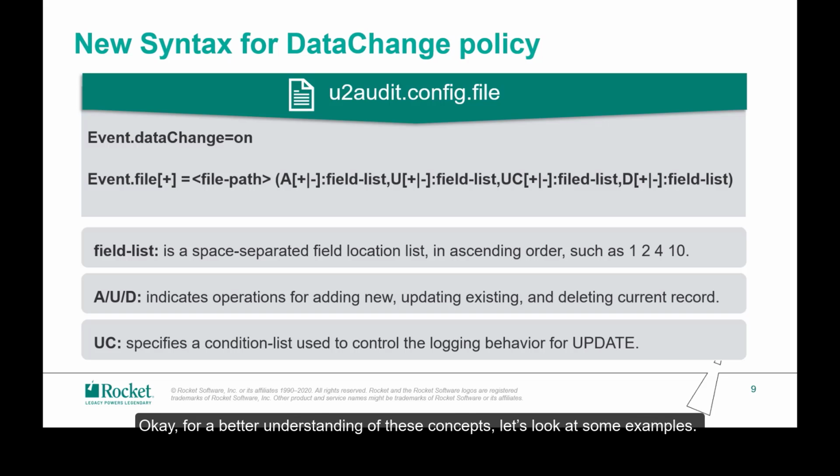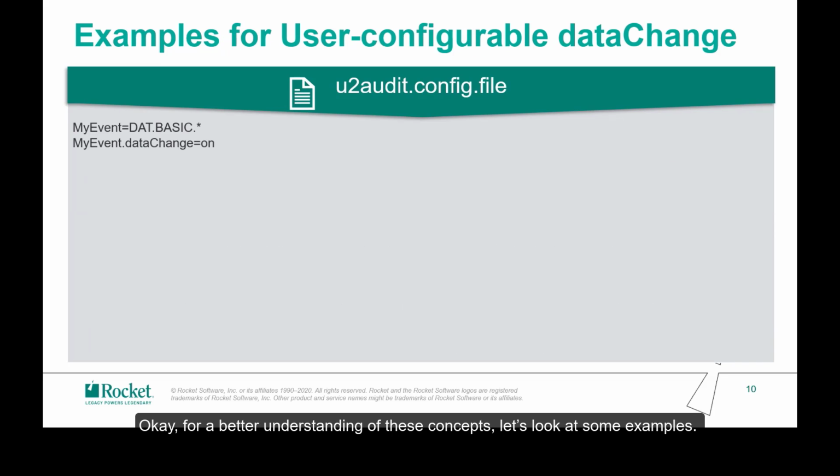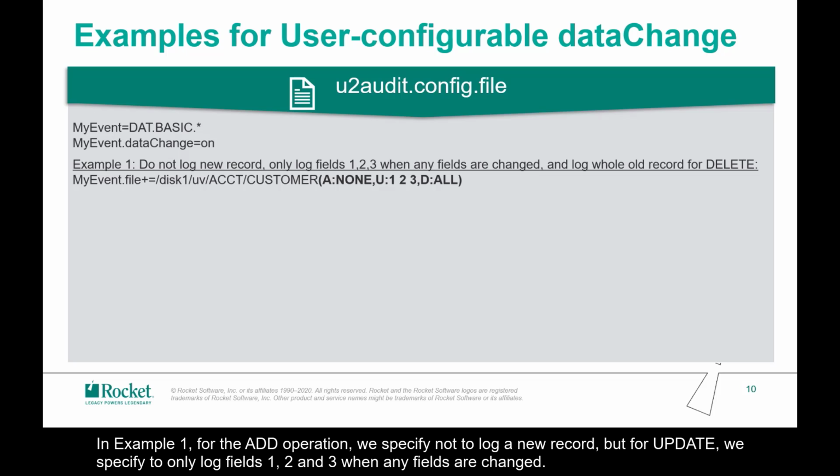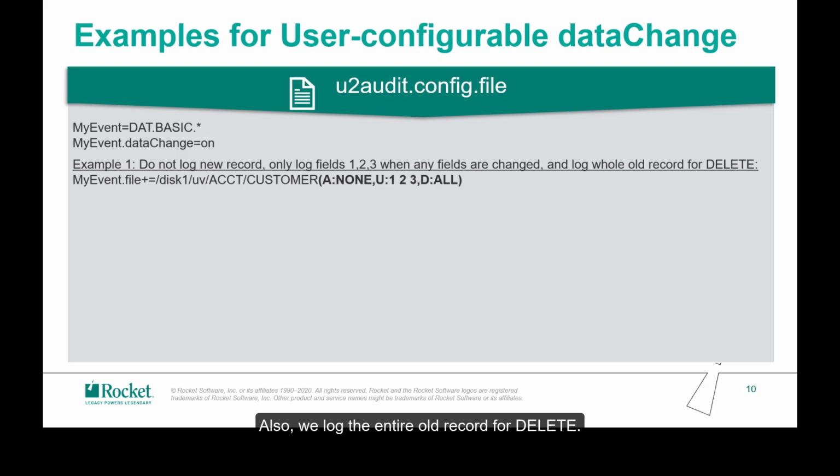Okay, for a better understanding of these concepts, let's look at some examples. In example 1, for the add operation, we specify not to log a new record. But for update, we specify to only log fields 1, 2, and 3 when any fields are changed. Also, we log the entire old record for delete.